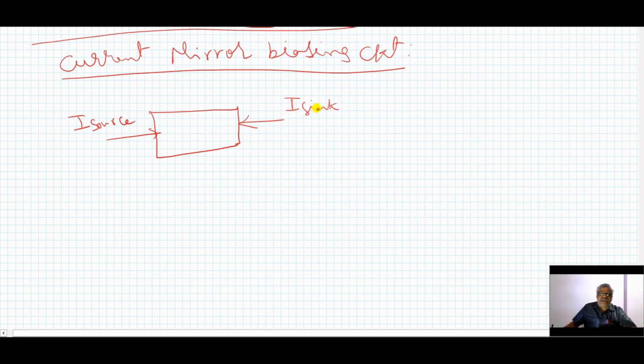Generally the output current is called the sink current. So this is any circuit. If the source current is equal to the sink current, then that circuit is called a current mirror circuit. For any current mirror circuit, the sink current is always equal to the source current.